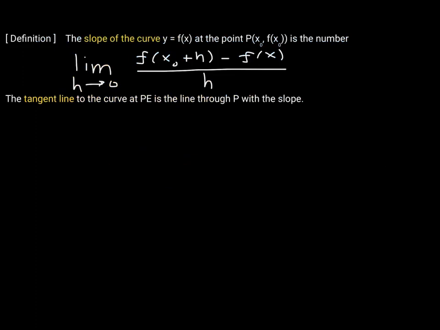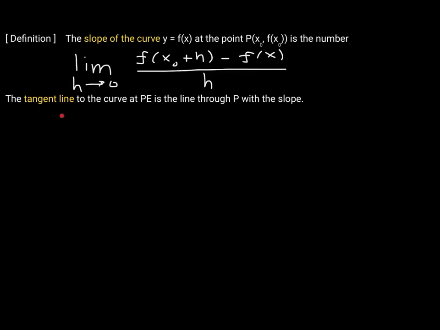All right, so here's our definition. The slope of the curve y equals f of x at the point P, which is x naught, f of x naught, is the number, the limit as h approaches 0 of, and all of this is from the slope formula, but this is what you call the difference quotient, f of x naught plus h minus f of x naught all over h.